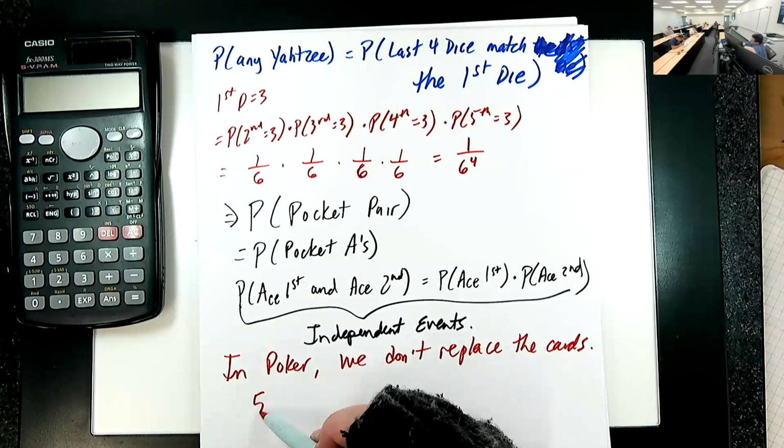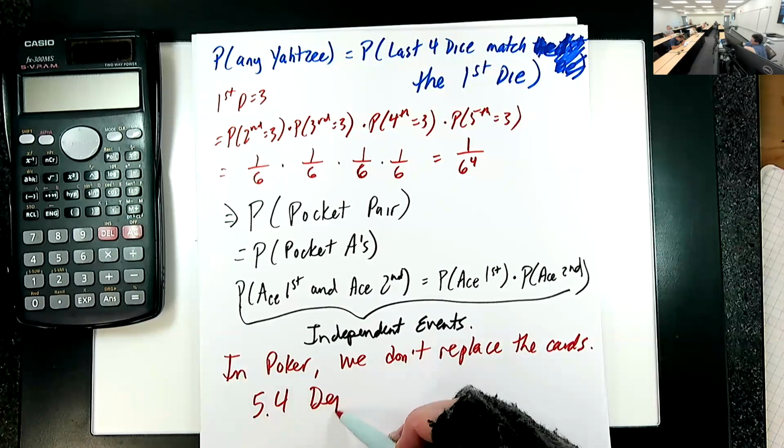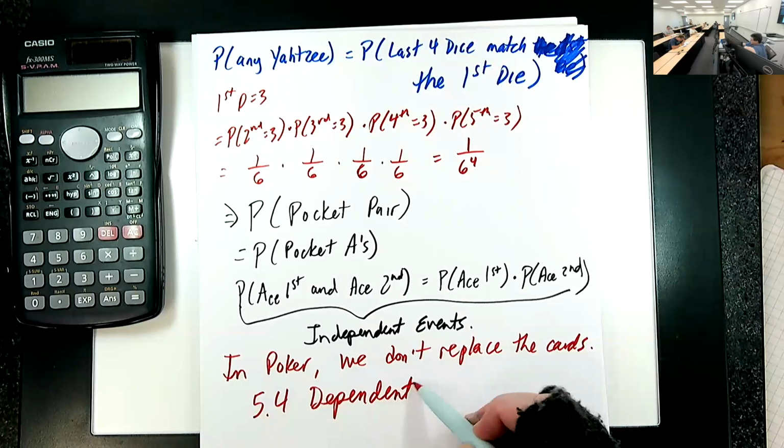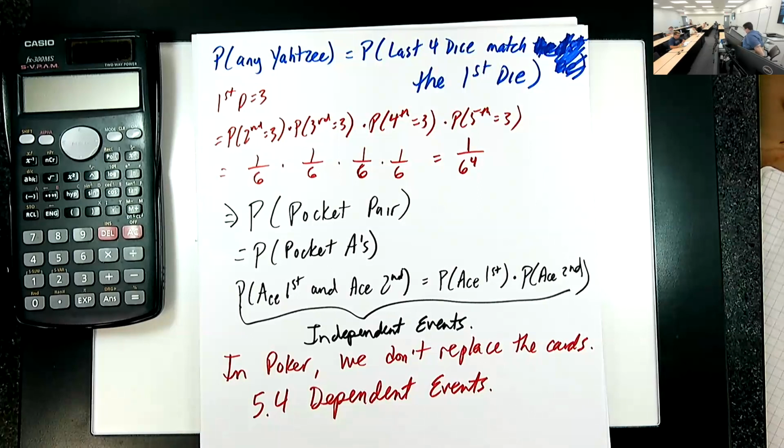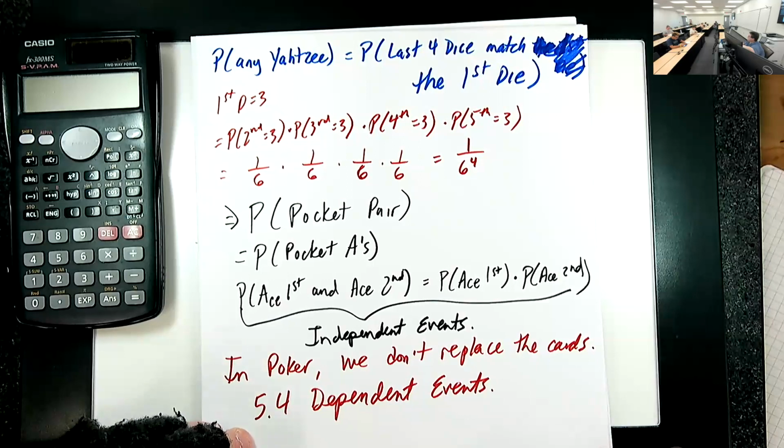So in 5.4, we're going to look at dependent events. We'll have some of it show up a little bit in the next one, but that's a good ending point for 5.3.